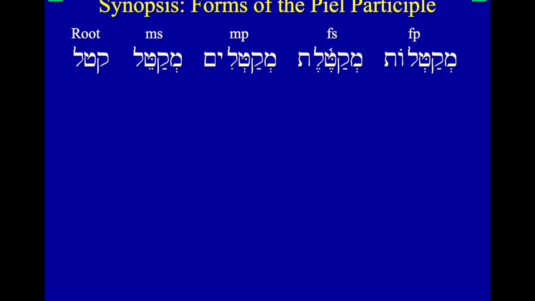And notice we have a doubling of the middle radical, and we have a me prefix, a mem and a schwa prefix. That's our sign for the Piel participle. Notice we also have noun endings that mark gender and number: im, et, and ot for our masculine plural, feminine singular and feminine plural forms.